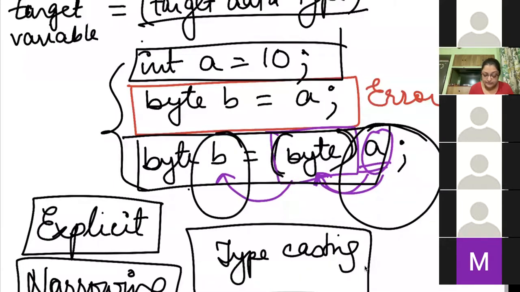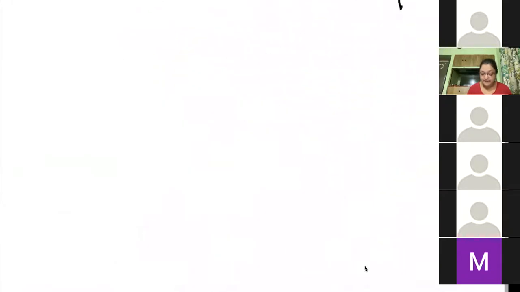Let me use a different color. In this statement, int a is 10. Is the value 10 within the range of byte? What I mean by range is that each data type has a number of bits.